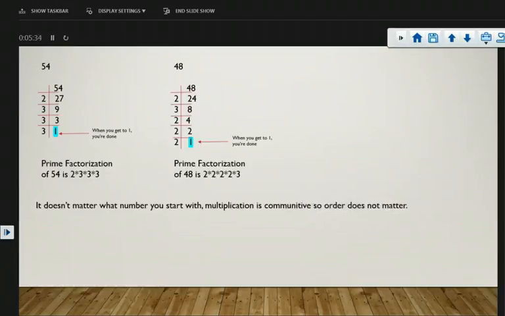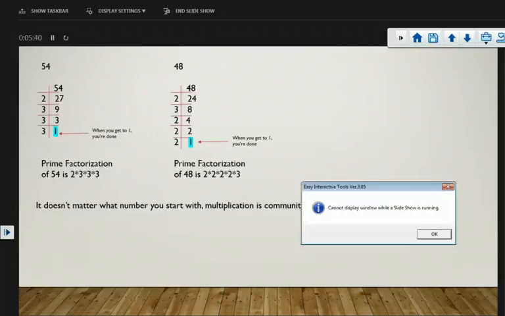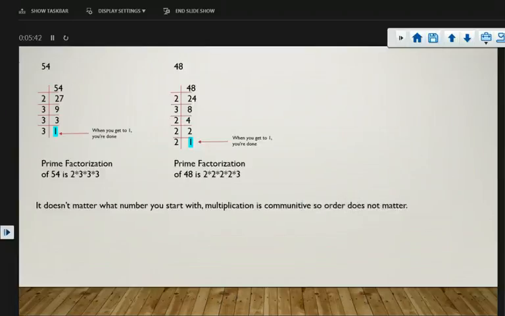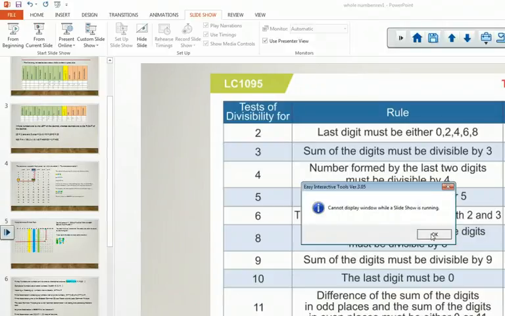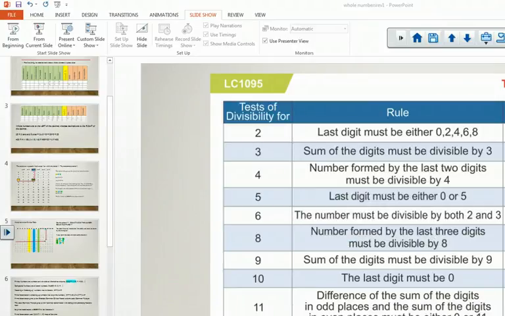And we're going to do a number as soon as I can get this thing to work. Okay, slideshow's not running anymore.